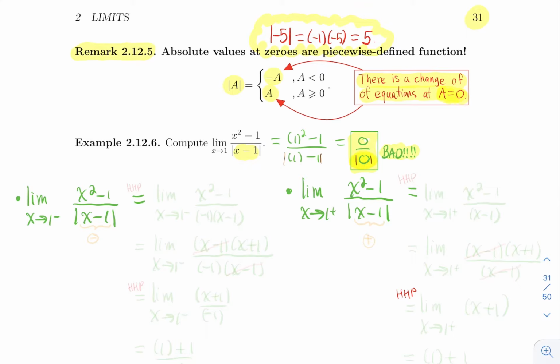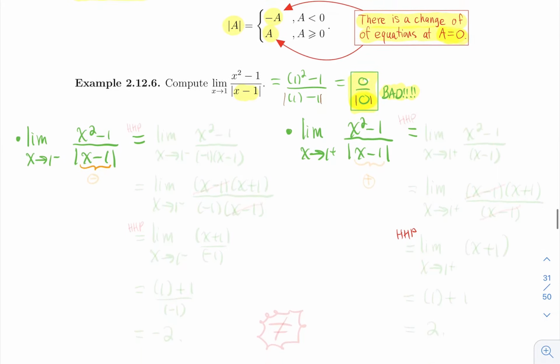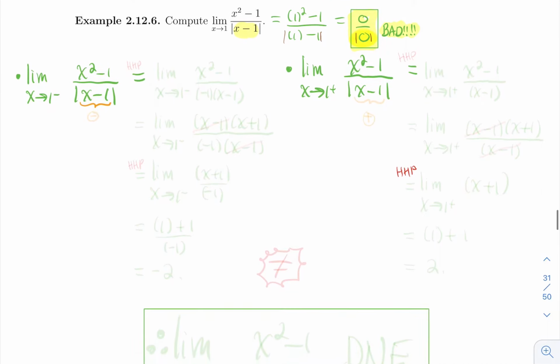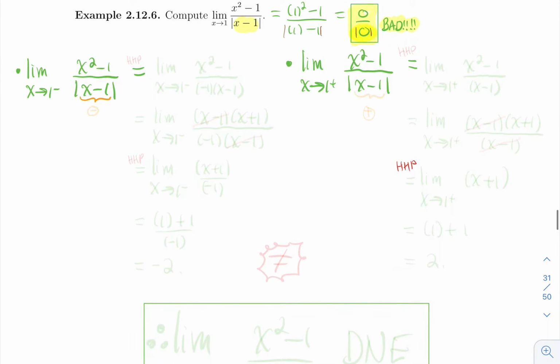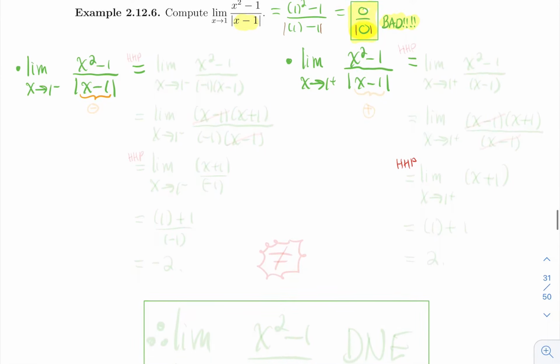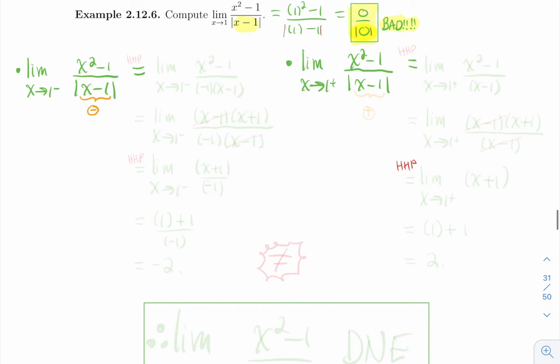For the first one, if you look at the inside, if you pick a number slightly smaller than 1, for example, 0.9, if you go 0.9 minus 1, you're going to get minus 0.1. So you can notice here that the inside is actually negative. And because it's negative, if you want to get rid of the absolute value, you need to multiply the inside by minus 1.